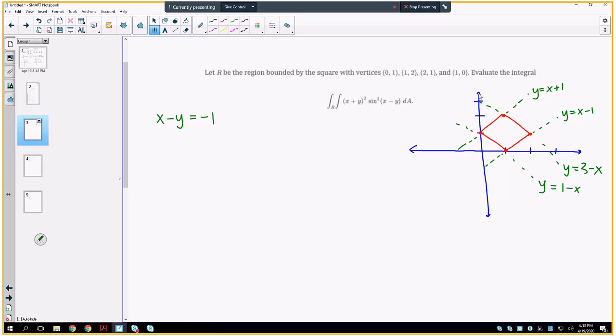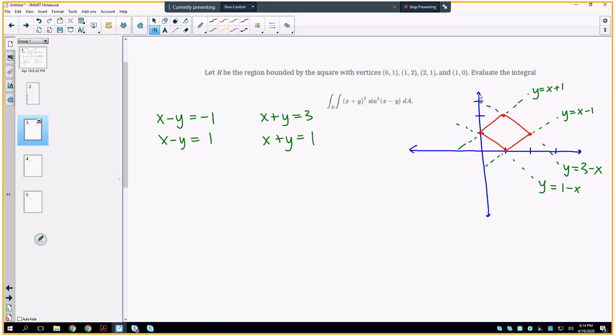That comes from y equals x plus 1. And y equals x minus 1 gives us x minus y equals 1. Then we also have x plus y equals 3, which comes from y equals 3 minus x. And x plus y equals 1 from y equals 1 minus x.